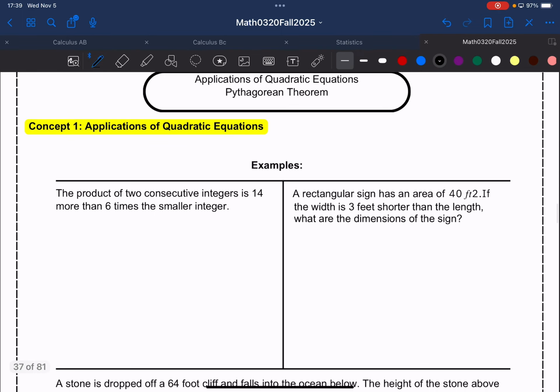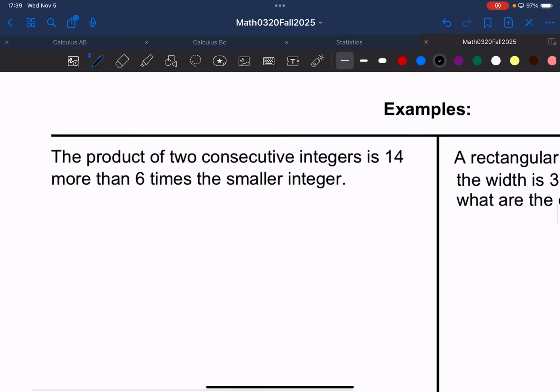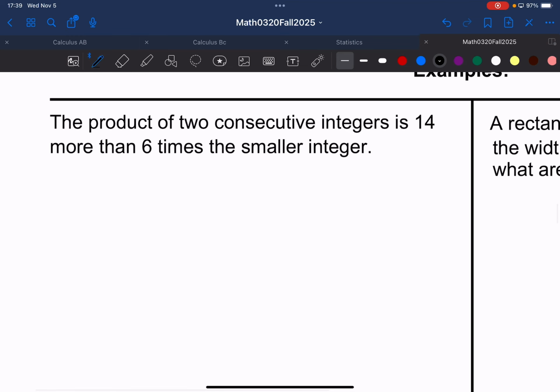So starting with the first one, a lot of them look like the first one. And the first one is not really, I wouldn't consider it an application. It's more of, okay, here's a word problem. All of the math terms are in words. We have to convert them into actual numbers in the equation that we can solve.